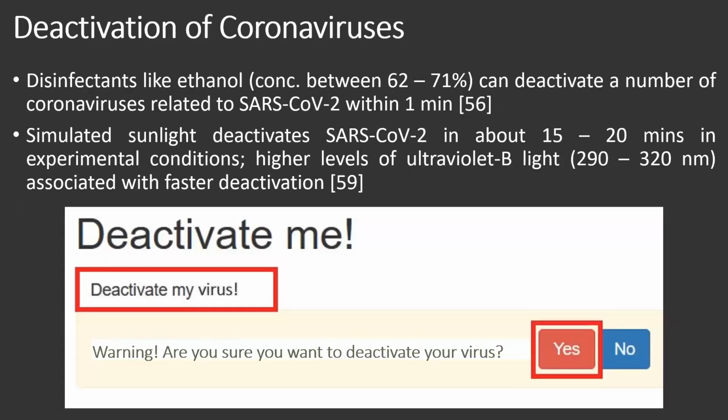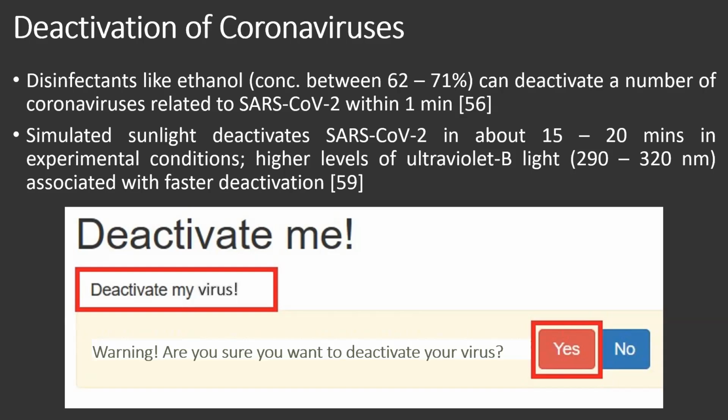However, inspecting similar studies, they found that various disinfectants such as ethanol with concentrations between about 62 and 71% deactivated a number of coronaviruses related to SARS-CoV-2 within a minute.